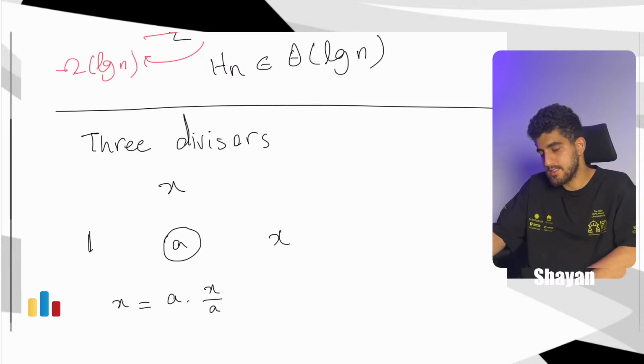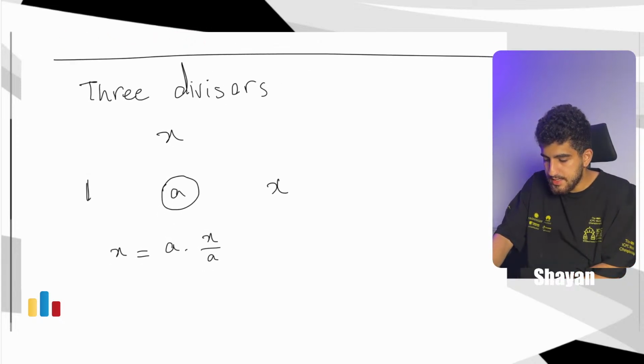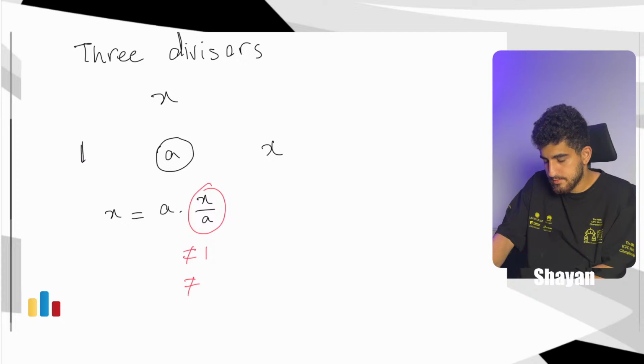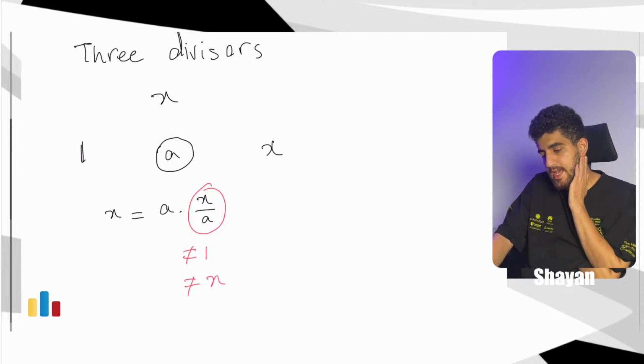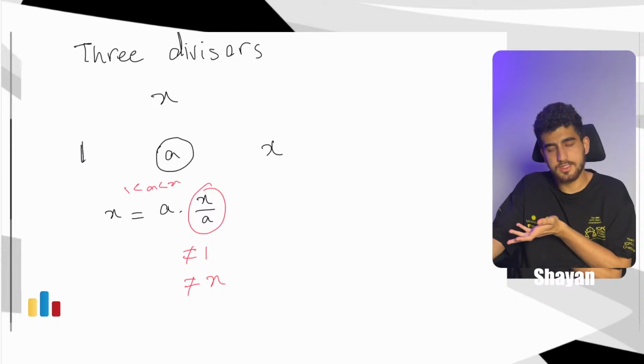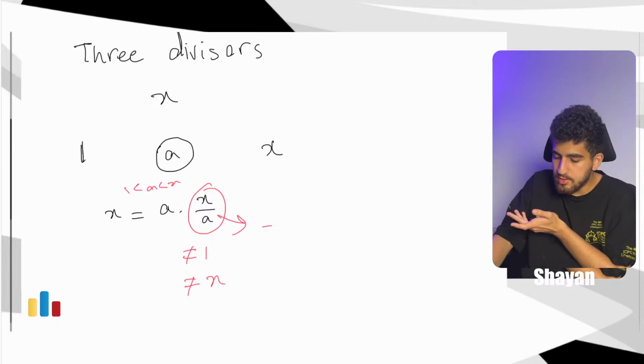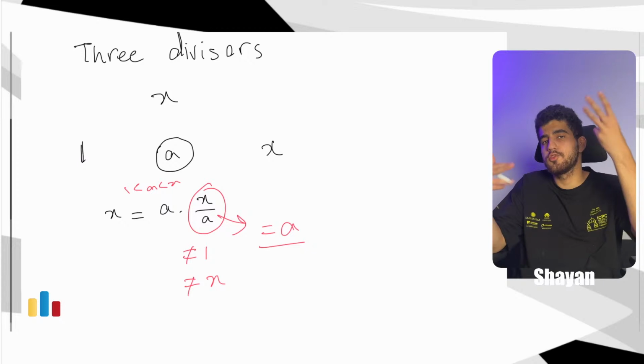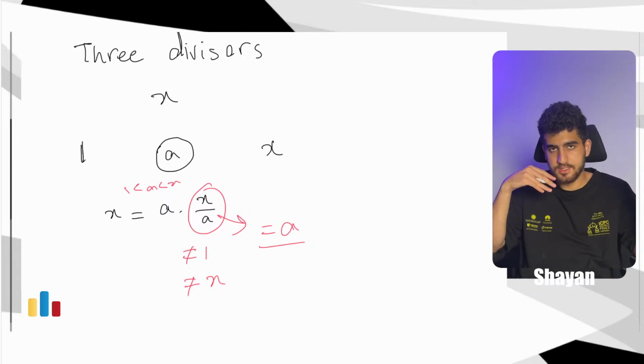We know that x over a is not 1 and it's not x, because a is greater than 1 and less than x. So this one is also greater than 1 and less than x. So this must be equal to a itself, because we don't have more than three divisors.